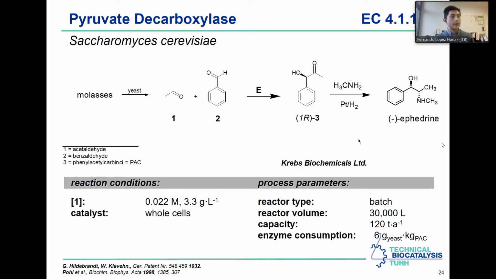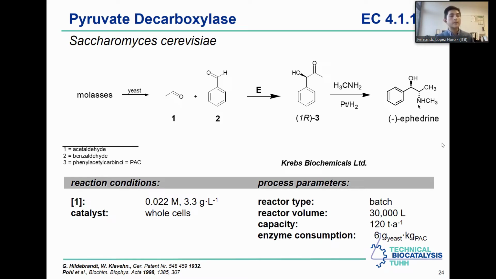This means that we can start with an extremely cheap raw material, which is molasses, and produce a very high value component from it. And it is all using three steps in the process. So you can see it is very attractive.